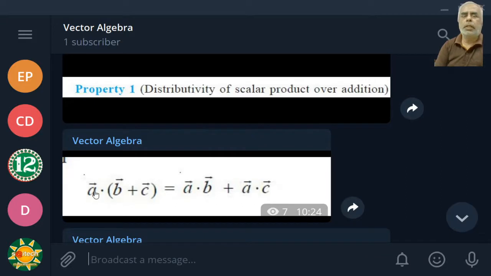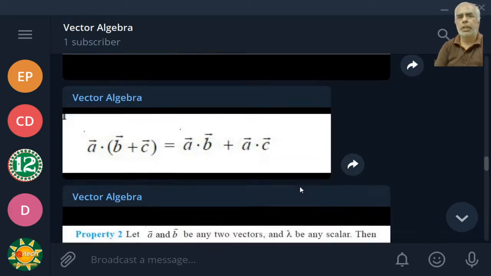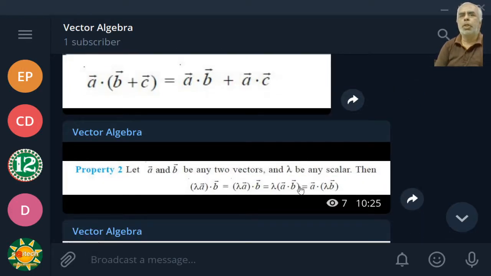So let us consider A dot (B plus C) is equal to, so it is distributive, A dot B plus A dot C. And similarly property 2, that is vector A and vector B are two vectors and lambda is any scalar. So in that case, (lambda A) dot B is equal to what?